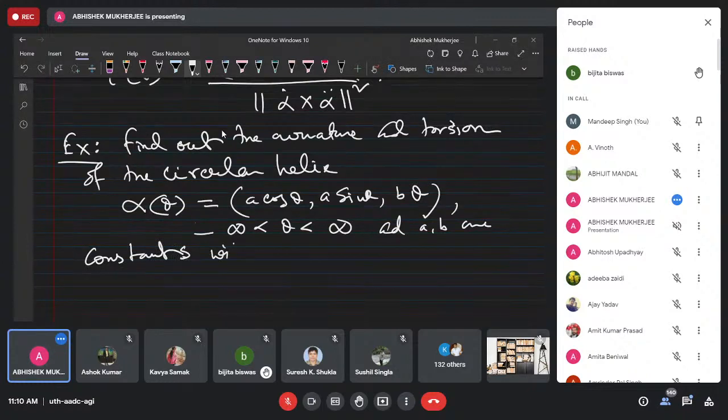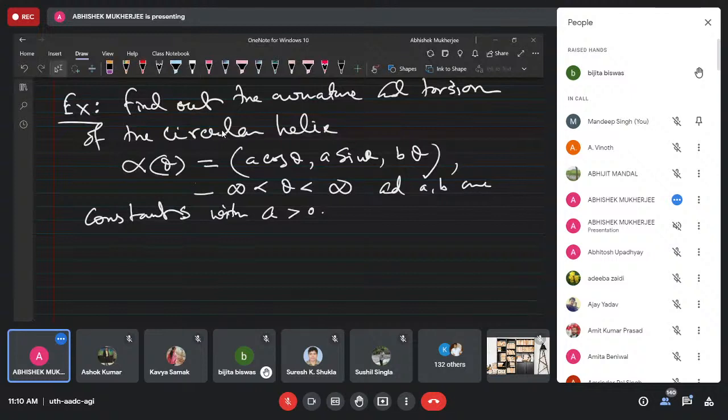Suppose you take a greater than 0. Okay. So you can compute these geometrical entities, curvature and torsion, for this curve, and that will be an interesting one.